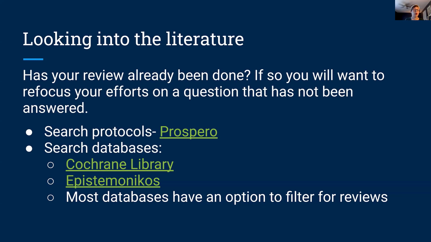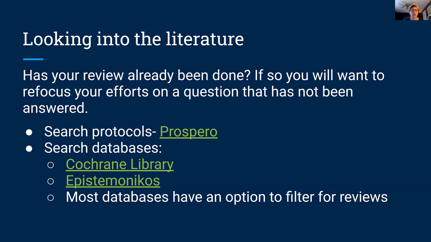We don't want to run a systematic review that was just run last year. That's not going to add any new information to your field of literature. So you want to look to see, number one, if it's been done, but also if it's been done like 10 years ago, potentially it would be a good time to run an update. But if it has already been done, you may want to find a different angle to take at it.